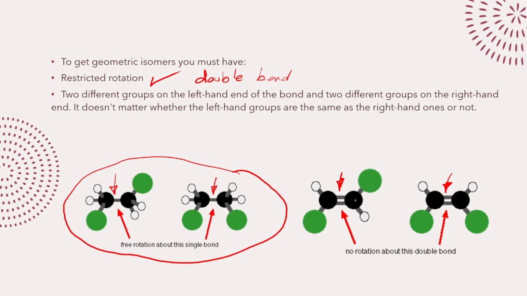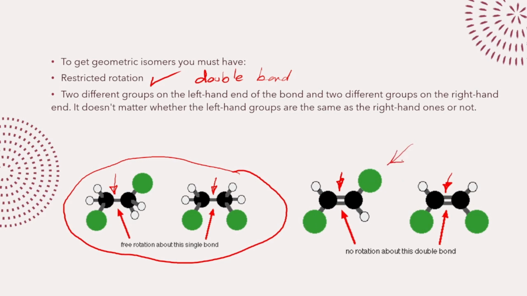It's not possible for this carbon to rotate because we now have an extra pi bond over the sigma bond that prevents this free rotation. So the groups around the double bond cannot change their location. They are fixed in their place.